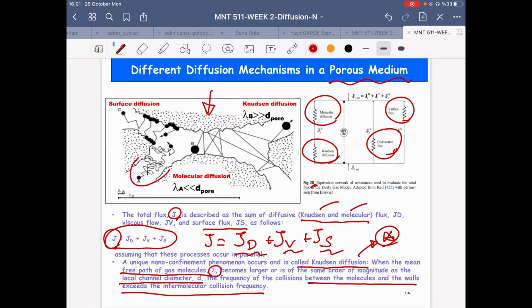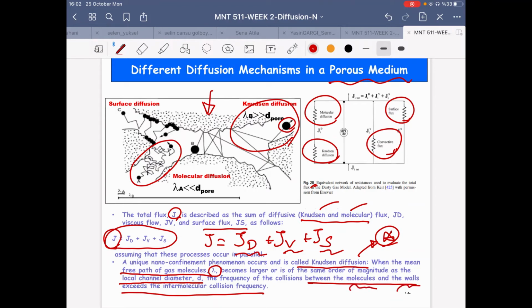So this is my intermolecular collision frequency, and this is my Knudsen diffusion. When the mean free path is too big and my pore diameter is too small, the mean free path of my gas molecule becomes larger than or the same order of magnitude as my local channel diameter, so the frequency of the collisions between the molecules and the walls increases.